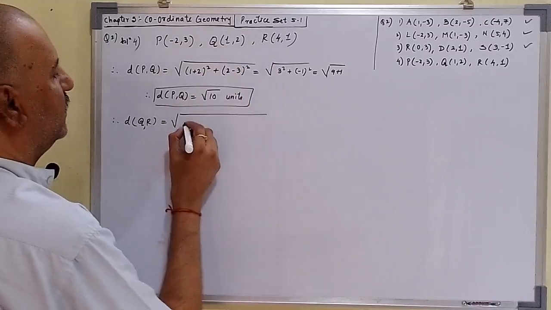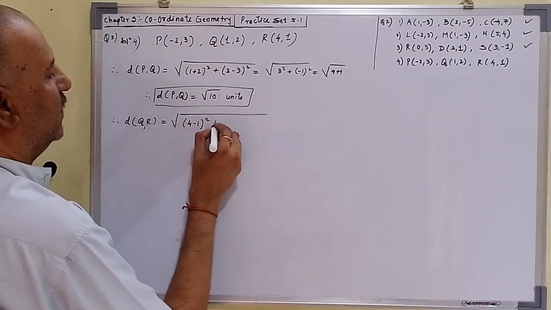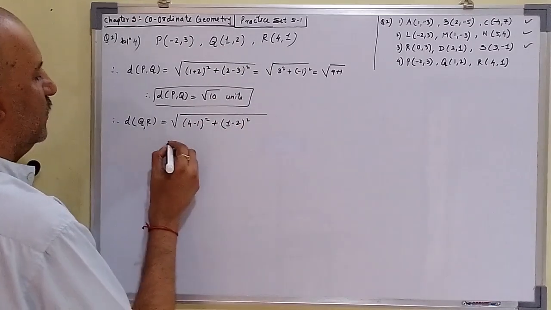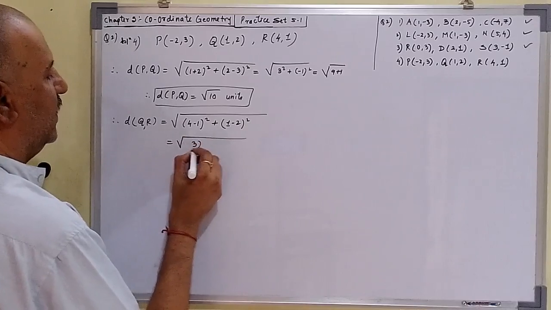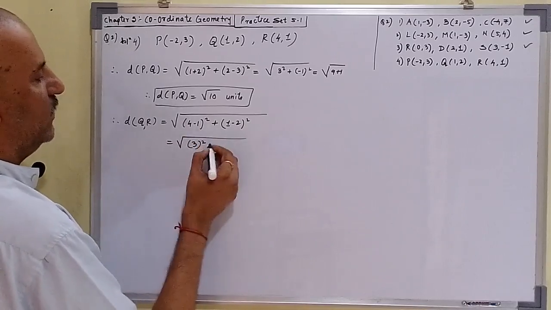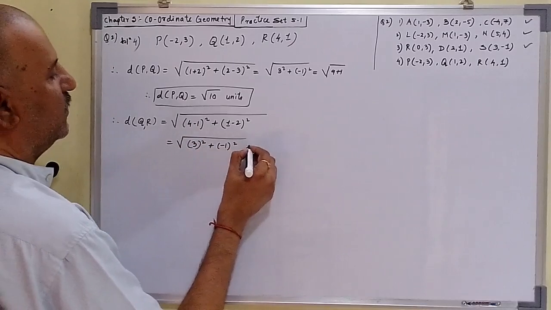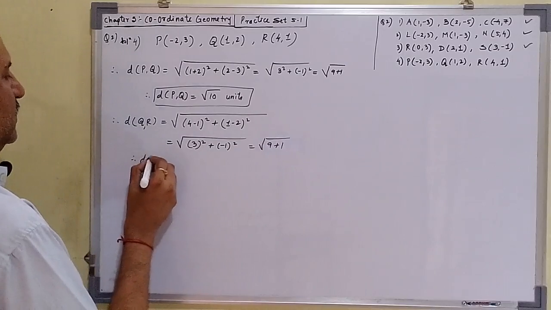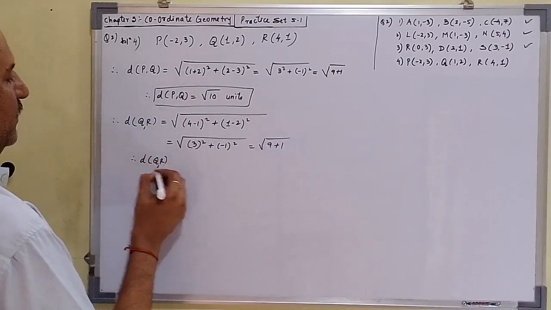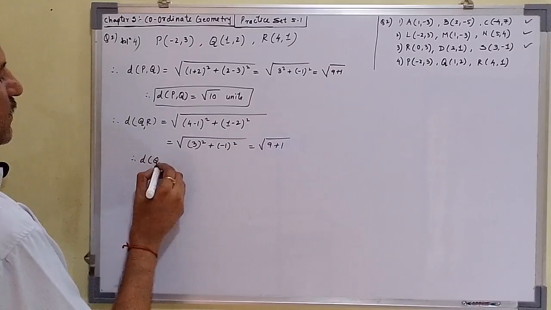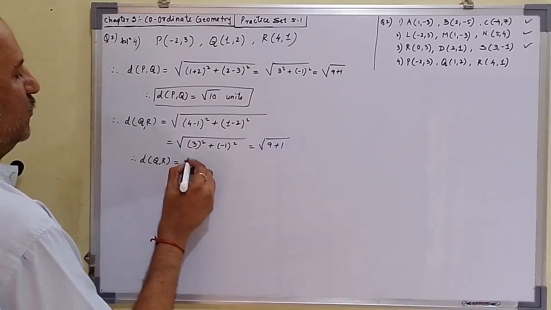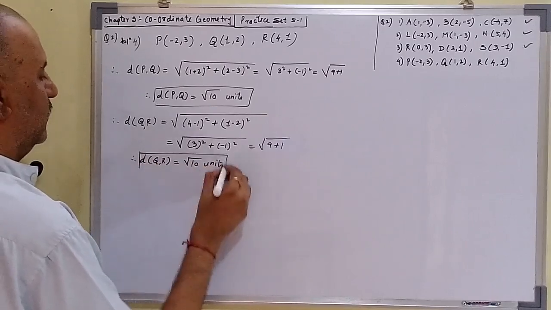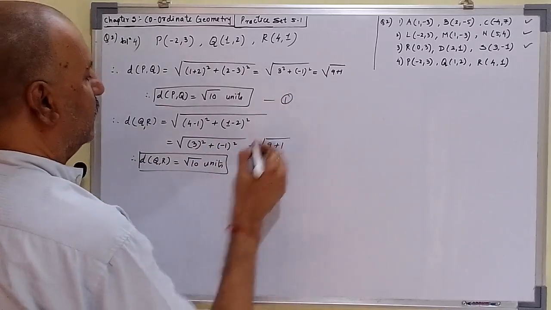So (x2 minus x1) 4 minus 1 square plus (y2 minus y1) 1 minus 2 square. तो यह आएगा आपका 3 स्क्वायर, 4 माइनस 1, 3 स्क्वायर प्लस माइनस 1 स्क्वायर, तो ये भी होगा 9 प्लस 1. सो डिस्टेंस QR इक्वल टू रूट 10 units. So this is 1, this is 2.